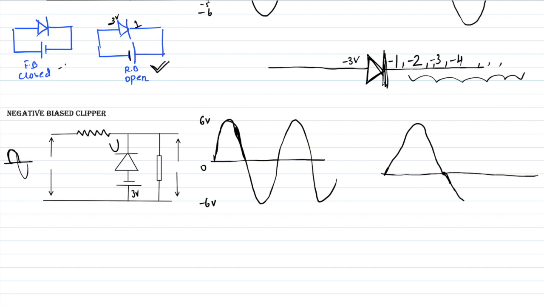In this condition the diode will become closed, so all the current will flow across the diode and no current will flow across the output resistor. You will not get any output. For the voltage from 3 to 4, you will not get any voltage, so it will remain constant.